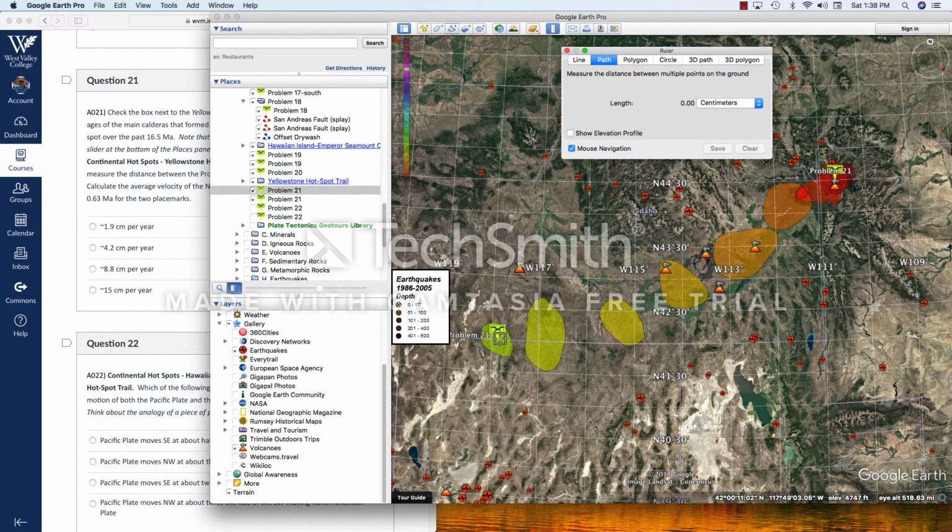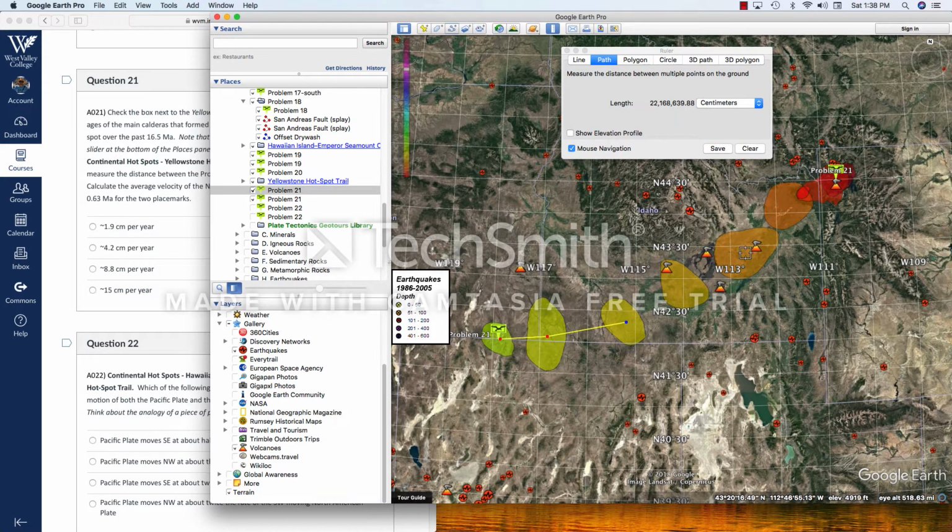And so we'll start here, and then we'll just start moving through the centers of each of these. And we'll end up at the Yellowstone hotspot. So that gives us about 66.3 million centimeters. I'll just round it to 66.3.